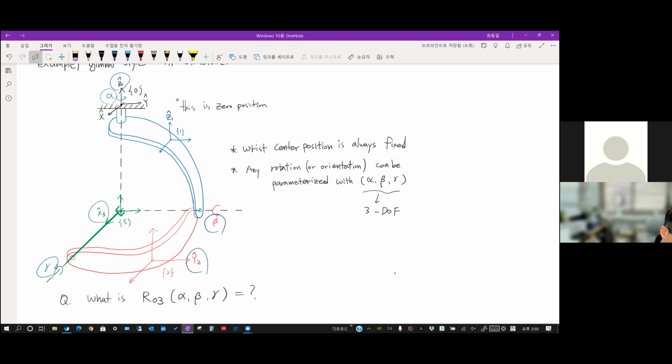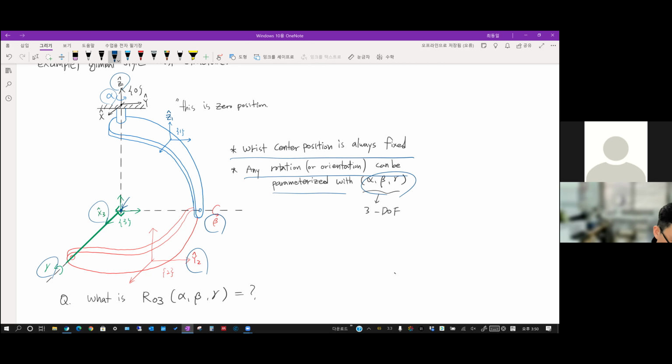And this is the zero configuration, and the wrist center is always fixed. So even though there are 3 rotation angles, this position does not change. This point is always the same. And any rotation or orientation can be parameterized by alpha, beta, gamma.